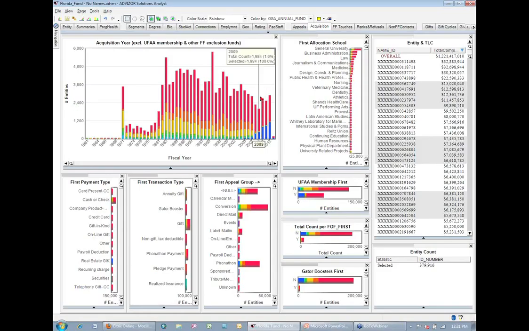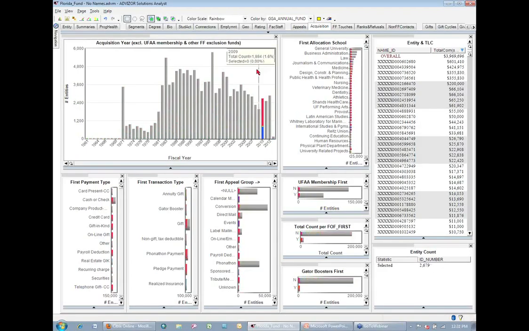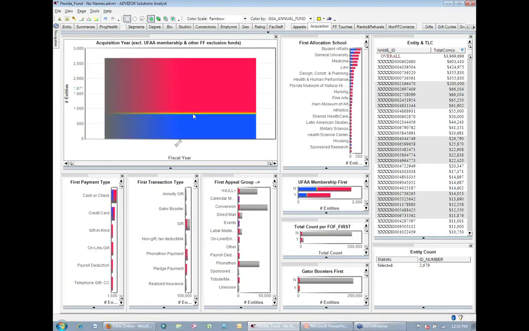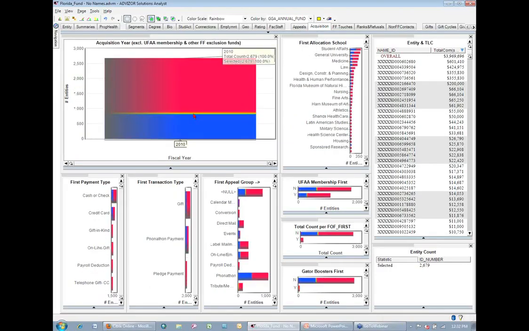So I'm going to look at who I acquired in 2010. So I'm going to go here and select my 2010 people. And since they're the only people I'm interested in, I'm just going to exclude everybody else. So I'm only looking at the acquired in 2010 group.